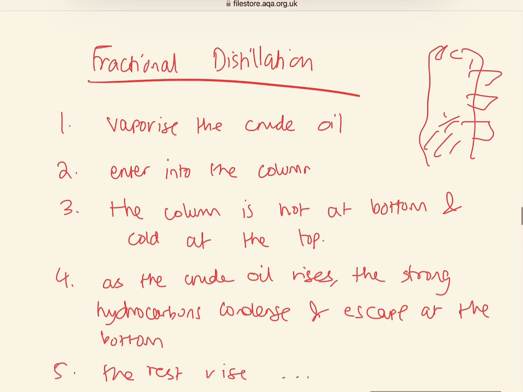The rest of the crude oil will rise, and the medium ones will condense and escape in the middle, and the short ones will condense and escape at the top.